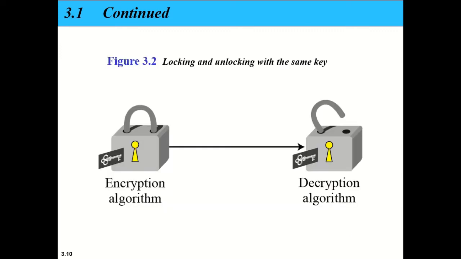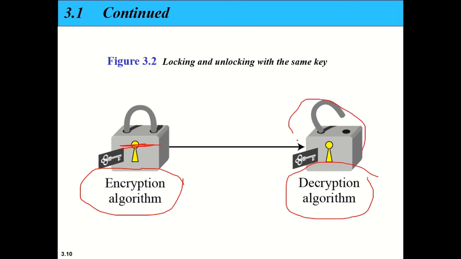Okay, so this is just simply a representation of the symmetric key cryptography. So here we are using the same key. So encryption algorithm will do what? It will just lock your message, okay, so that no one can read it. And decryption algorithm will do what? It will unlock the message so that the receiver can read it, right? So this is the unlocking and locking thing with the same key.